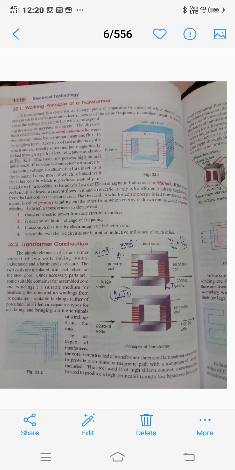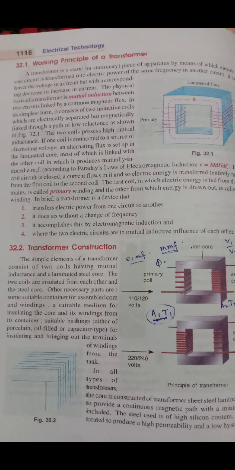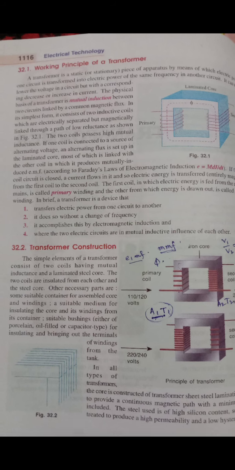What is primary and what is secondary? The first coil, in which electric energy is fed from the AC supply mains, is called primary, and the other, from which energy is drawn out, is called the secondary side. The principle of a transformer has some particular rules.